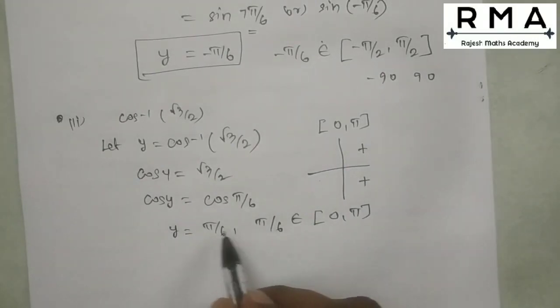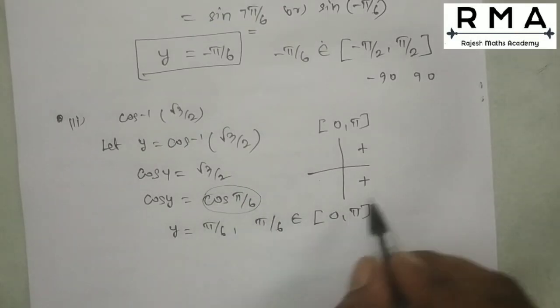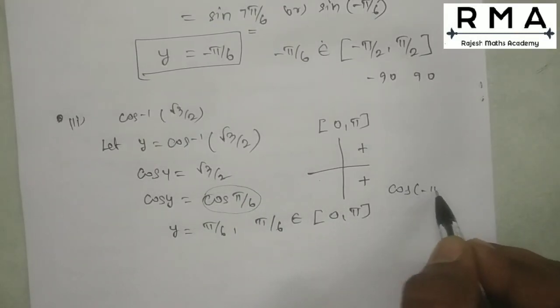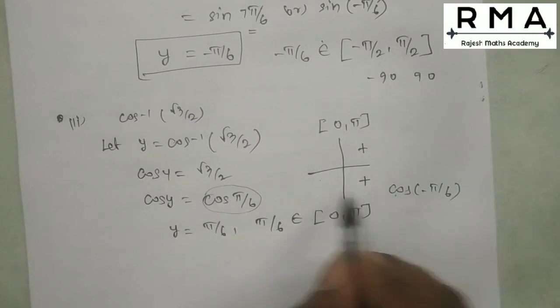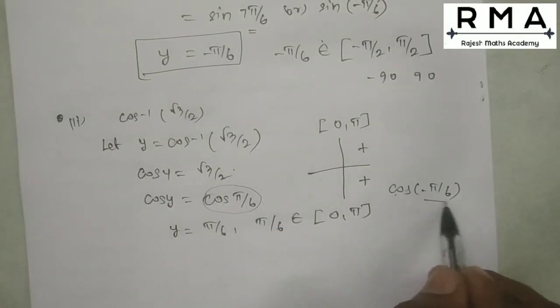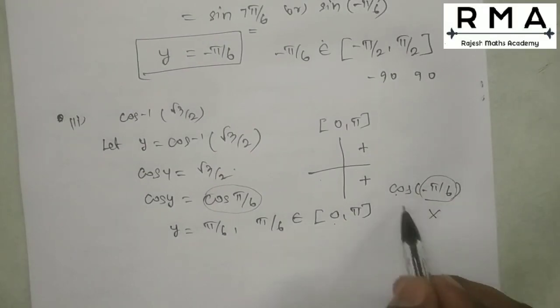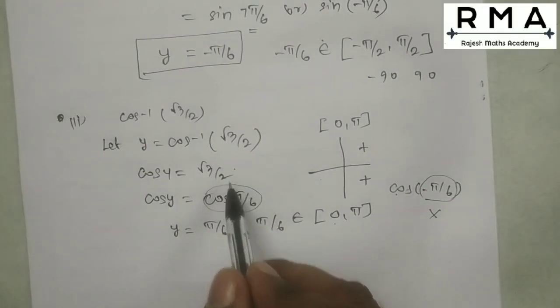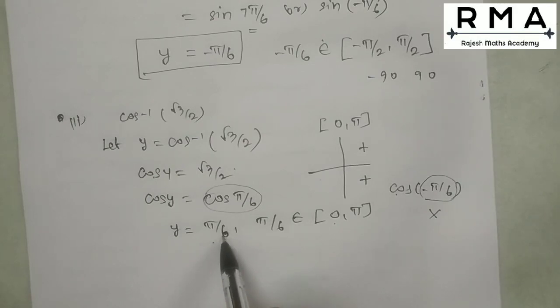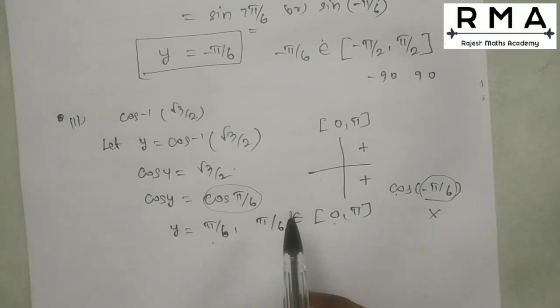So if you are writing this function, we can write it as cos of minus pi by 6 also equal to root 3 by 2, but this minus pi by 6 does not belong to the interval. So that's why we are excluding that. Usually if it is positive, we can directly take the first quadrant values, because all inverse trigonometric functions will satisfy. Clear?